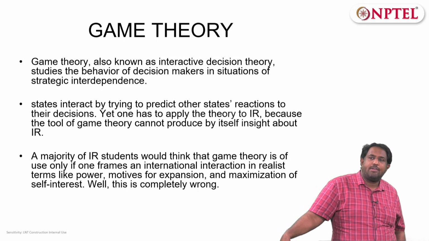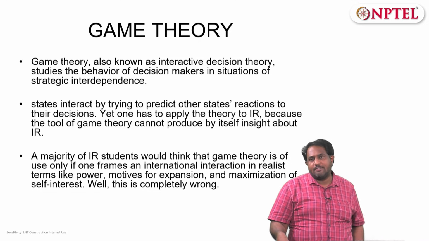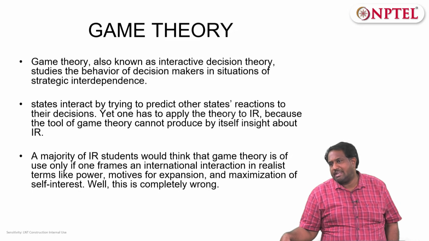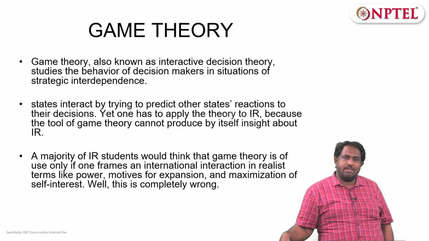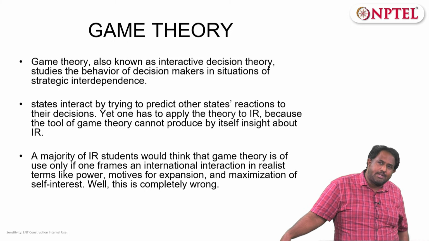So, when we talk of strategic interdependence, it's fairly evident that had it been the case that individual decision makers were in silos without worrying about how another state is going to interface with them, then there isn't that much of a probabilistic approach we need in terms of what possibilities exist in decision making. Instead, it's fairly intuitive that only when it comes to strategic interdependence between states, we arrive at these points wherein we need to predict other states' reactions, right?